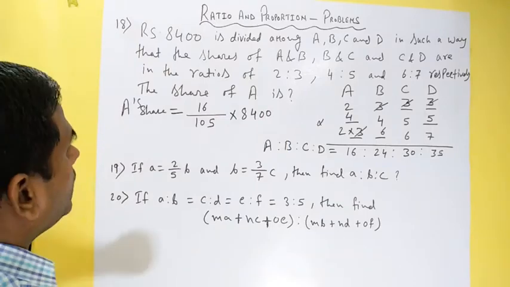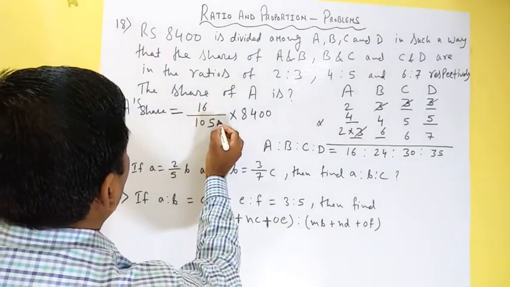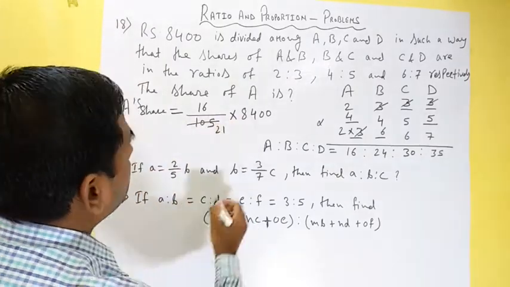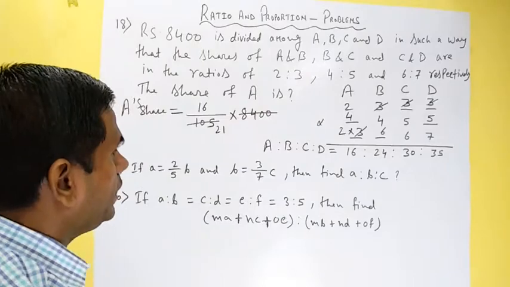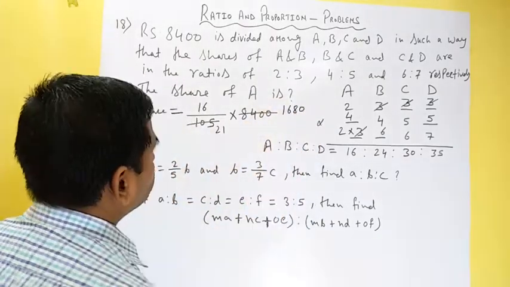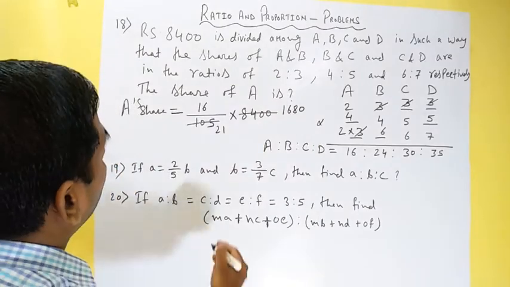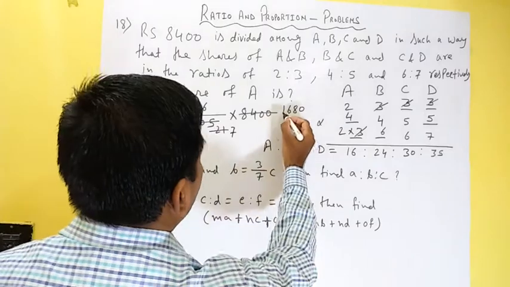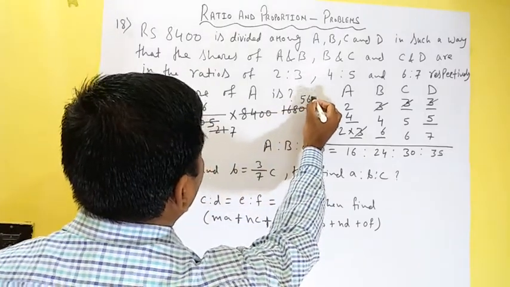Now we shall do the cancellation. With 5, if we cancel this, it will become 21. With 5, if we cancel 8400, this will become 1680. Now with 3 we can cancel, this is 7, and this becomes 560.